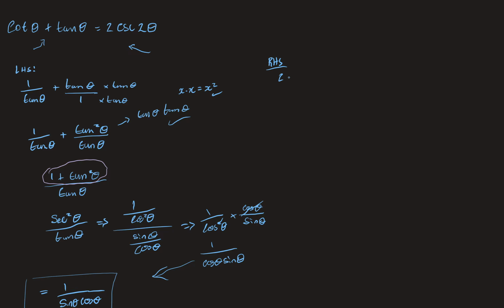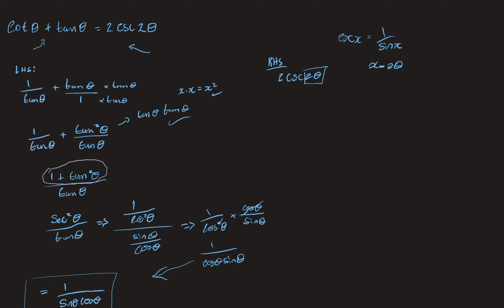We have 2 cosecant 2 theta. What is cosecant theta? CSC theta is equal to 1 over sine theta, or CSC x is equal to 1 over sine x. The reason I did that is because there's a 2 in here. We can take x to be anything. Let's take x to be 2 theta, because that's what we have inside CSC.